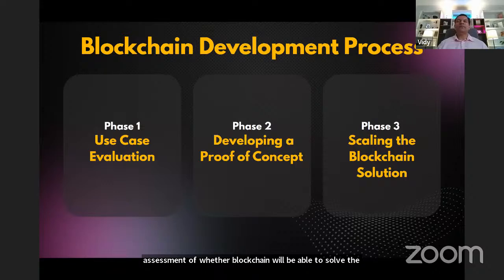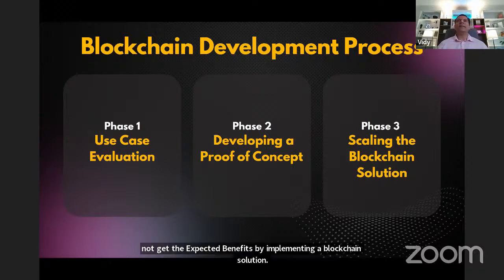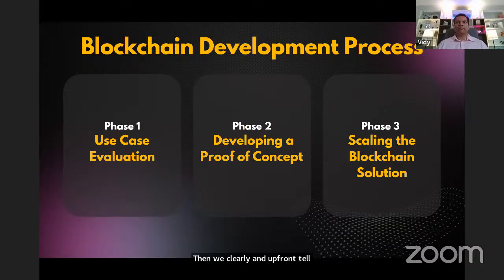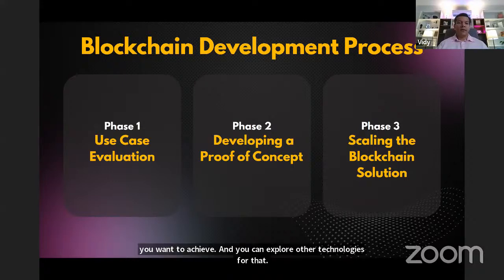And if our assessment is that they will not get the expected benefits by implementing a blockchain solution, then we clearly and upfront tell them that I think blockchain is not a suitable solution for what you want to achieve, and you can explore other technologies for that.